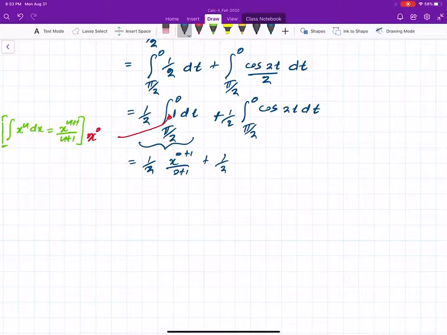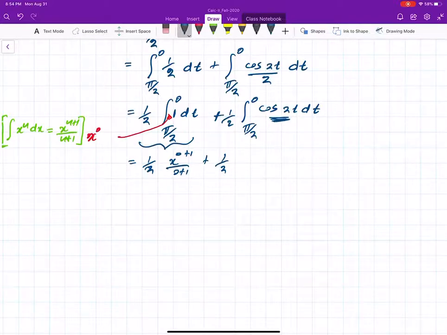And then how do you integrate cos 2x? You can't integrate cos 2x directly; for that you would use a trigonometric identity. In this case, you can go forward and directly integrate that.